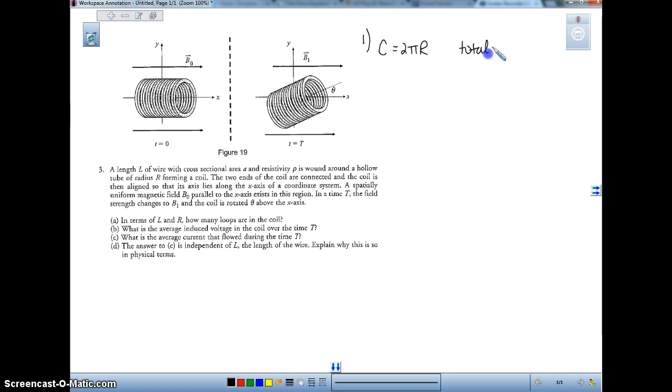Total length equals stack of loops. So that's why I'm going to use the L here. This is the length of one loop, and this is N for stack of loops, the number of loops.